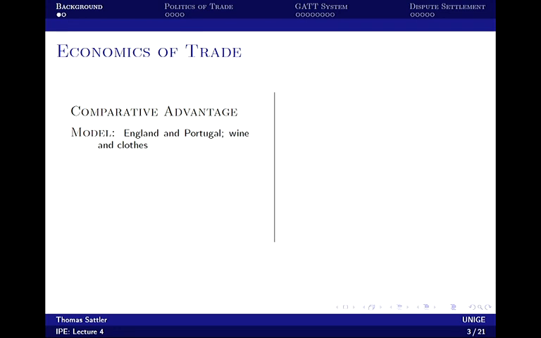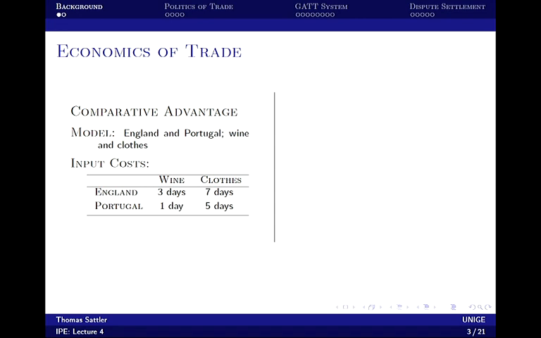I mentioned David Ricardo in the second week of the course as one of the most important classical liberal writers, and he made this small model where he says we just have two countries, England and Portugal, and they produce two goods, wine and clothes.